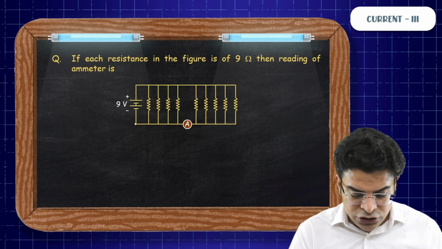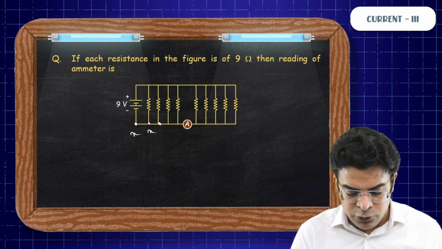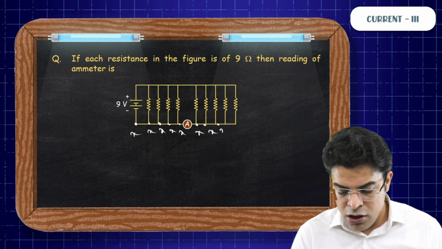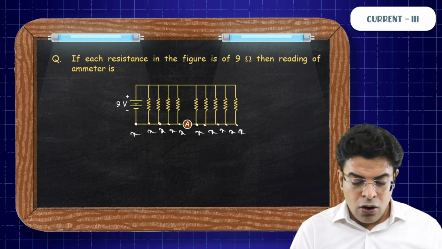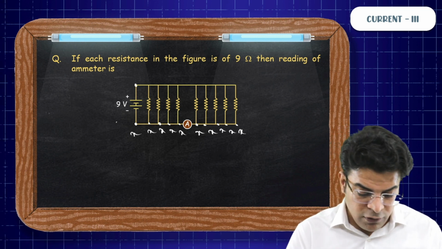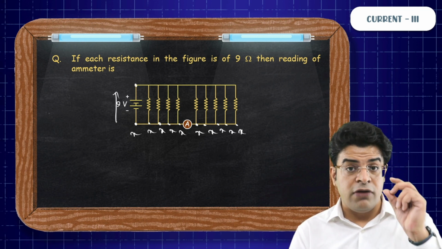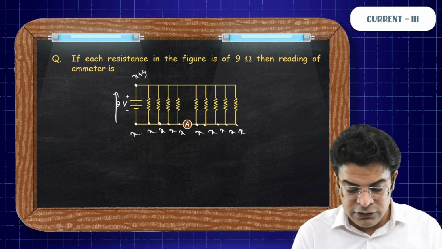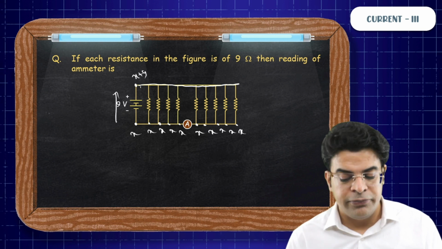So if I assume the potential here to be X, all these points connected by the wire will be at the same potential. Okay, and all these points, if you move across the battery, the positive terminal will have a potential of 9 volt higher than the negative terminal. So all these points will have the same potential of X plus 9.